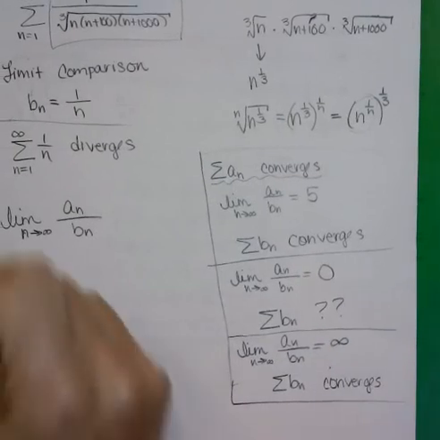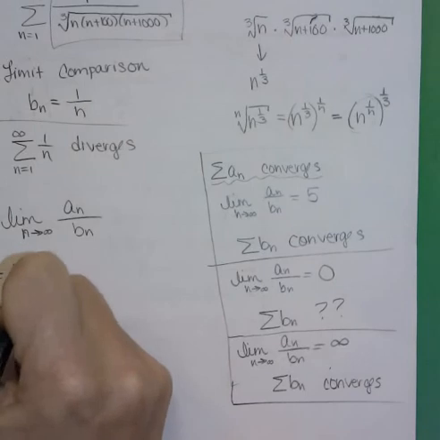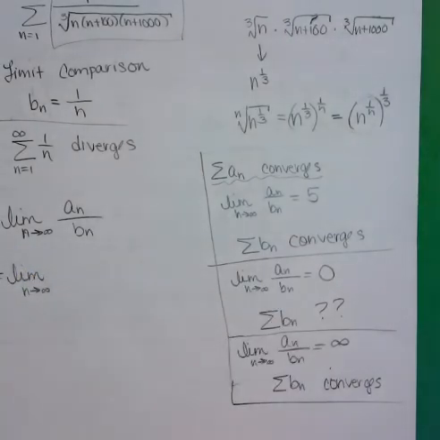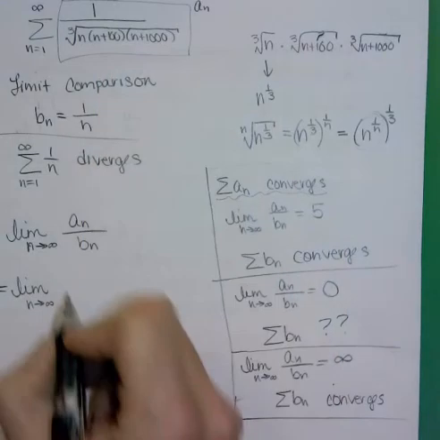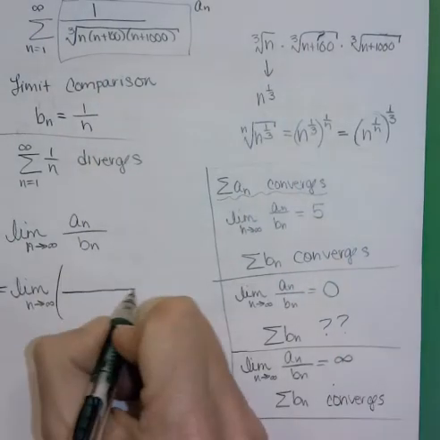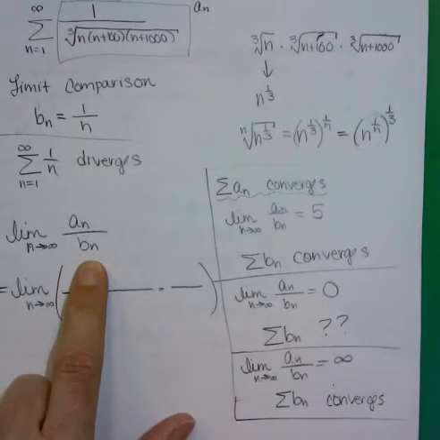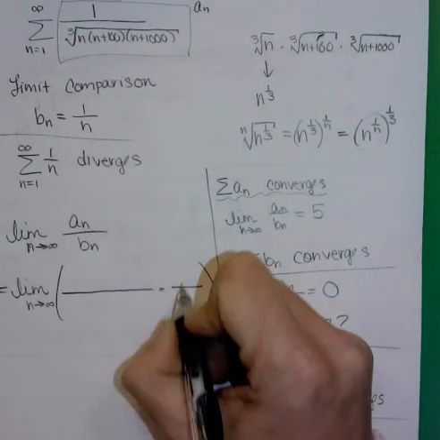So this one, we just want to be a little bit clever in how we write things so we don't have to keep using L'Hopital's over and over and over. So our a sub n, since they're both fractions, instead of dividing by b sub n, I'll multiply by the reciprocal, so it'd be n over 1.